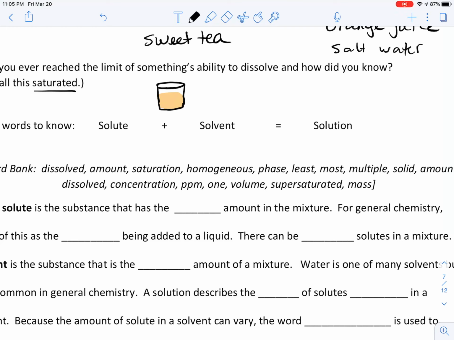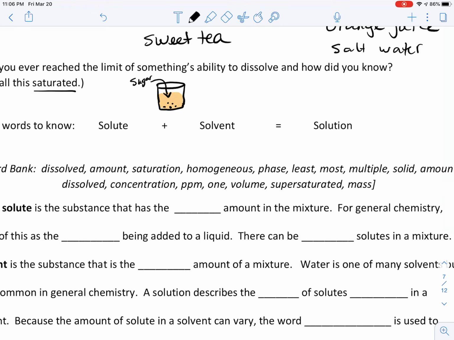I don't want the tea to look crazy; I want you to make sure that you see the sugar going in. Sugar sitting at the bottom.